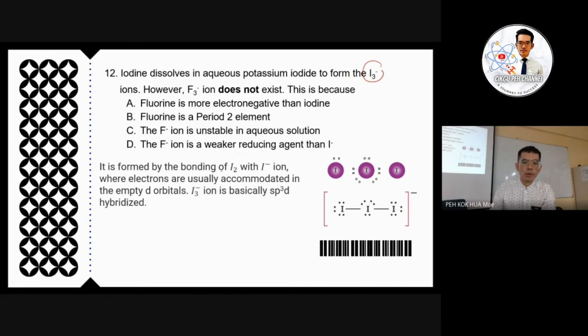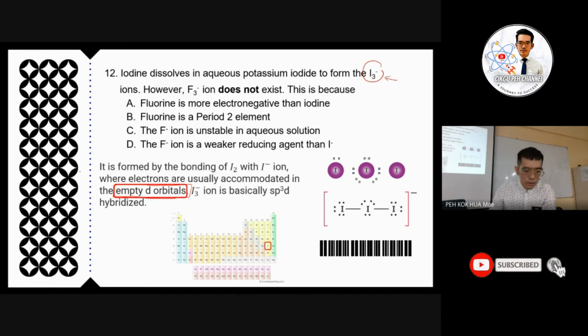It is formed by the bonding of I2 with I- ion, where electrons are usually accommodated in empty d orbitals. So that means for formation of the complex ion here, they need d orbitals.